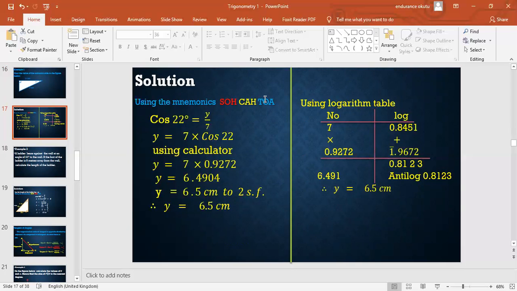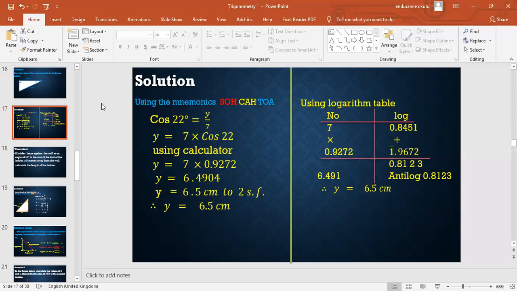While TOA, the T stands for tangent, which is opposite over adjacent. So using our SOHCAHTOA, which is a short form in mnemonics to represent the trig ratios, we are going to use it to solve this question.